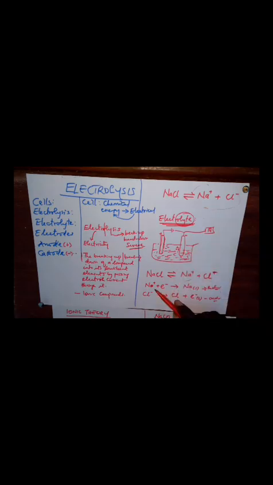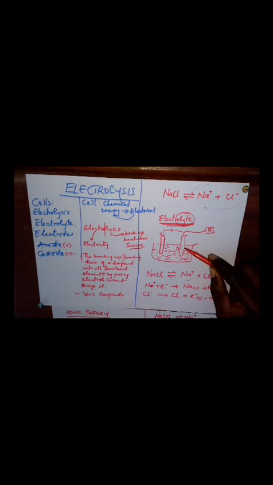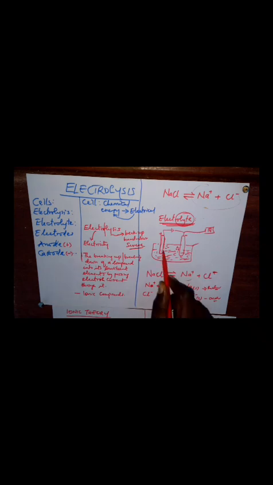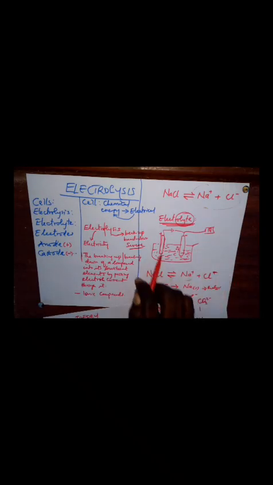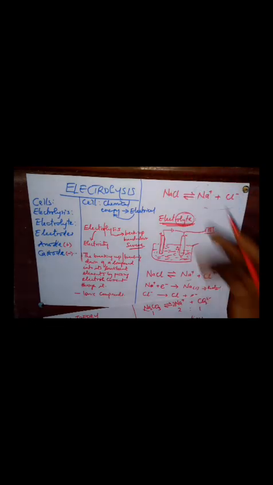So the sodium will definitely go to the cathode. That's the meaning. While the chlorine will be released at the anode. That's actually what happens during electrolysis. So you see, the anode is oxidation, while the cathode is reduction.